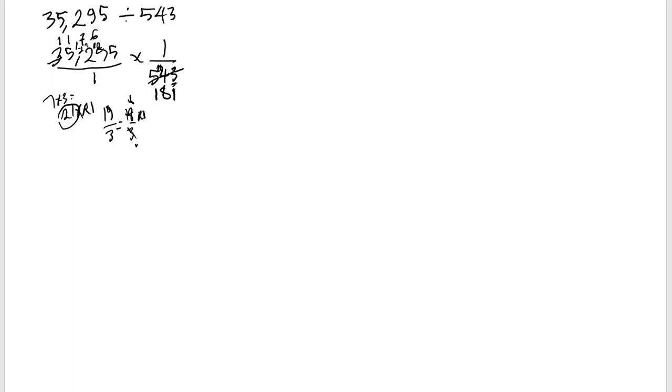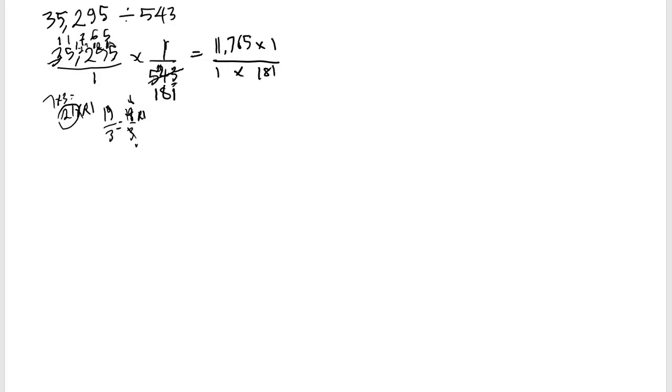Then you take the remainder 1 to the 5, and you are left with 15, that's 10 plus 5. 3 in 15 gives you 5. So altogether we have 11,765 times 1, all over 1 times 181.